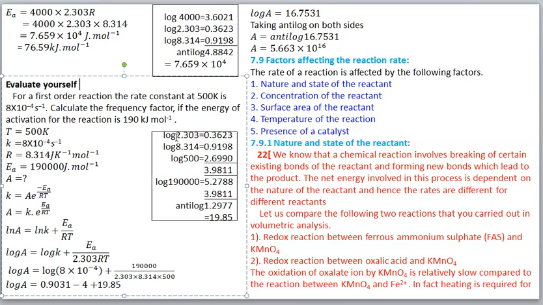For the denominator we take log 2.303, log 8.314, log 500, all added together. Then the numerator value is log 1,90,000, which is 5 point something. We write the denominator value, then subtract these two and we will get this value.